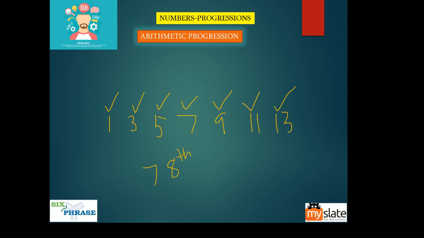Using this formula, A is equal to 1 and D is 2. You can just apply it in the formula. Tn is T78, which means term 78.